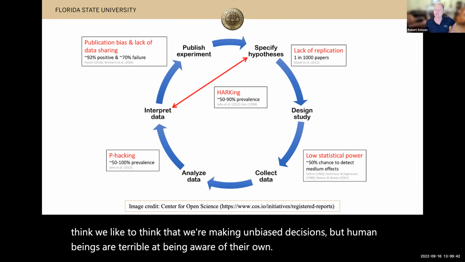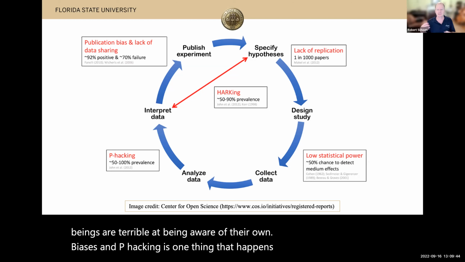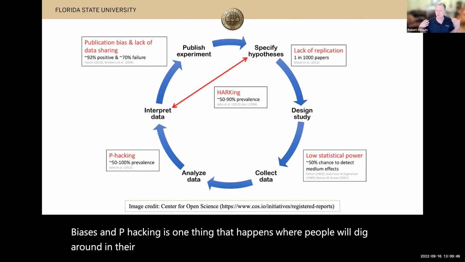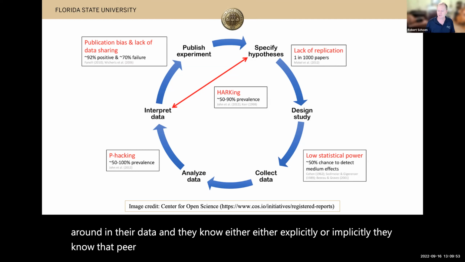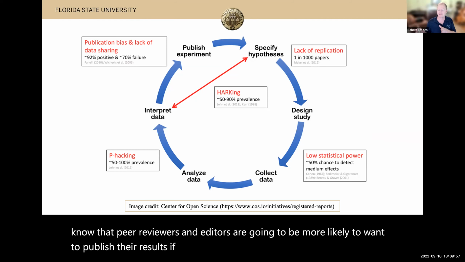And p-hacking is one thing that happens where people will dig around in their data, and they know, either explicitly or implicitly, that peer reviewers and editors are going to be more likely to want to publish their result if there's something with a low p-value, right?